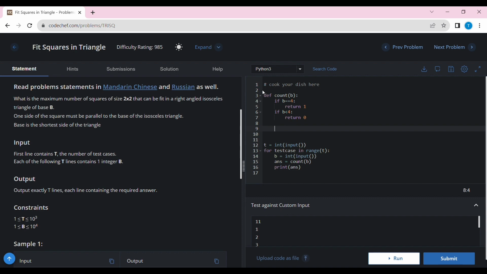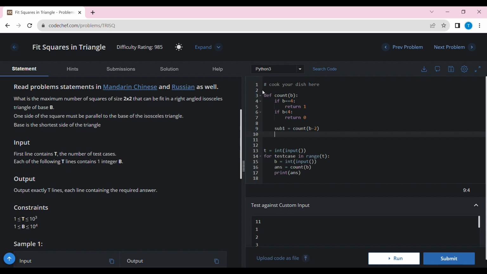So what we actually need to find is the answer for a right angle isosceles triangle of base length b minus 2. So let's call that answer sub1, and we'll just make a function call count(b-2), which will count the number of squares we can fit in that smaller triangle ADE, which has a base length of b minus 2.